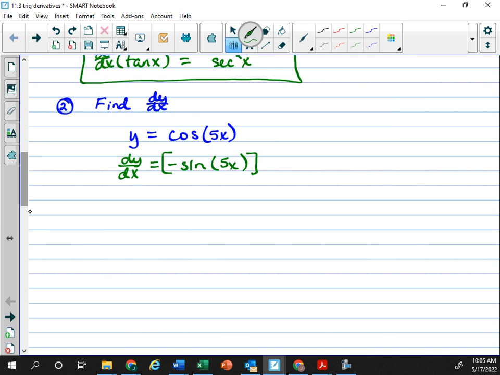You go through whatever power rule, anything like that, and then times the derivative of the inside. So we have to take this times 5. So your answer is just negative 5 sine of 5x. It's not hard. It's just easy to forget to take that last derivative of the inside piece.